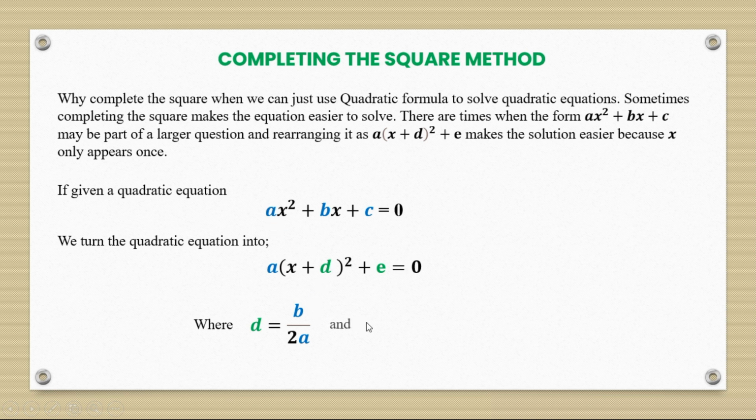And e shall be equal to c minus b squared over 4a. So our c value is right here. You get this value minus the square of b over 4 times this a, and that's how you solve for d and e. When you substitute that, you'd have simplified it by completing the square. So let's look at examples to understand this further.